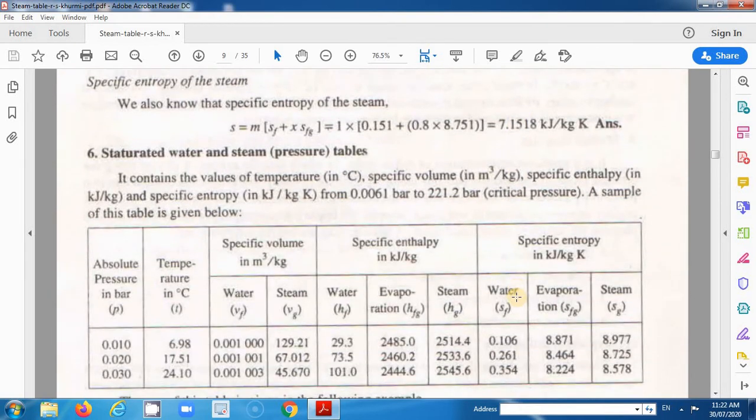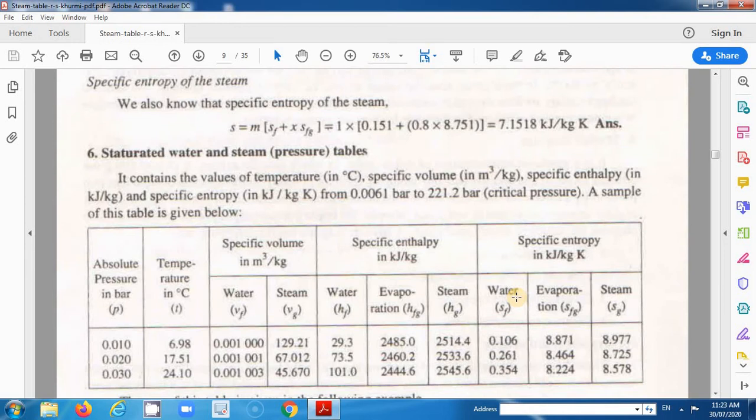Now you see, in the last numerical we used the saturated temperature based steam table. Now the saturated water and steam pressure based steam table contains the values of temperature, specific volume, specific enthalpy from 0.0061 bar to 220 bar. During the last lecture we have already seen these values.